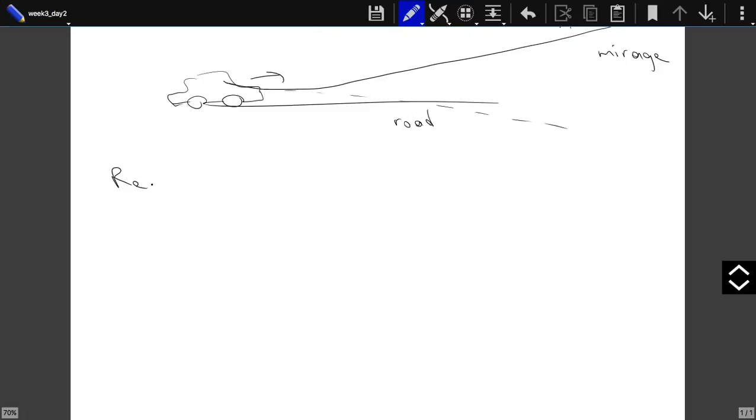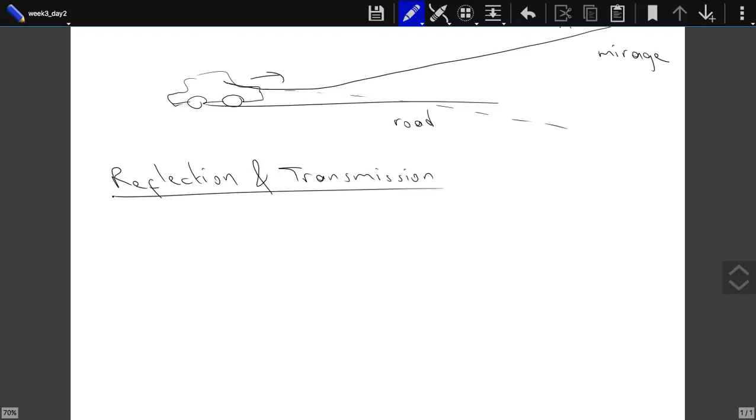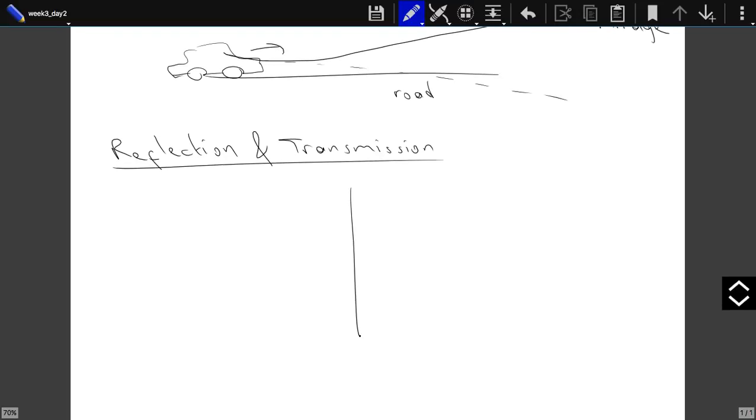Now let's look at this problem, reflection and transmission. So we have these two different media, with dielectric constant, electric and magnetic permeabilities, and the other medium, mu2.